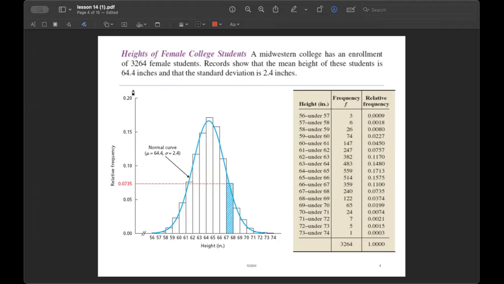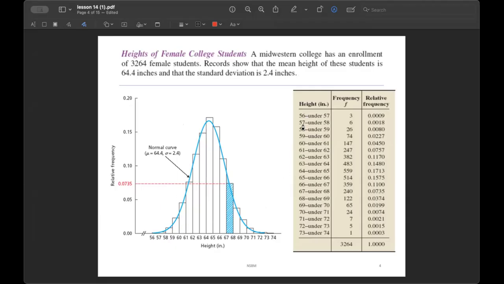I told you that the mean mu is 64.4 and the standard deviation sigma is 2.4. We have the normal curve, and we should be able to draw it like that. The mean mu value 64.4 comes somewhere around here. This is a bell-shaped, or curved, one.